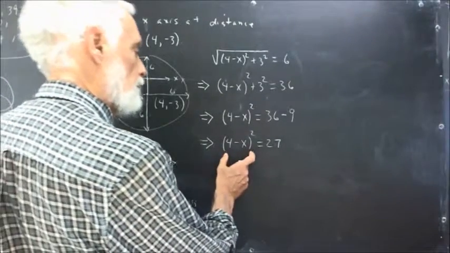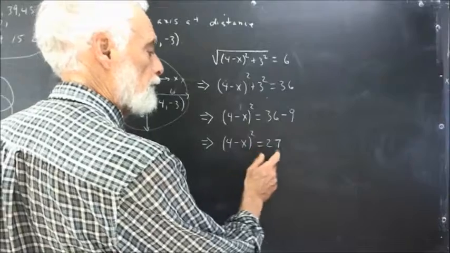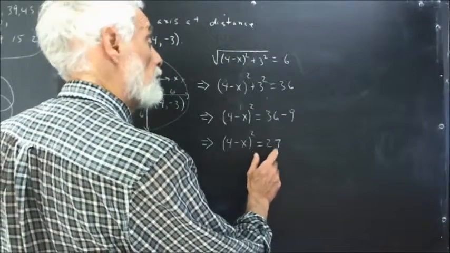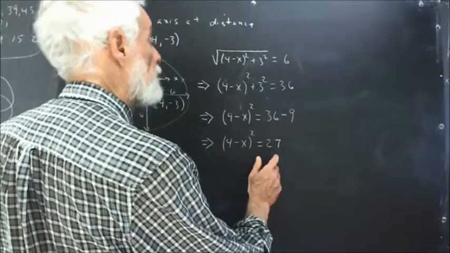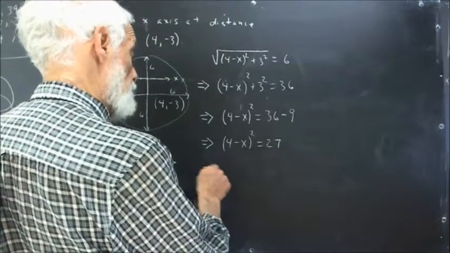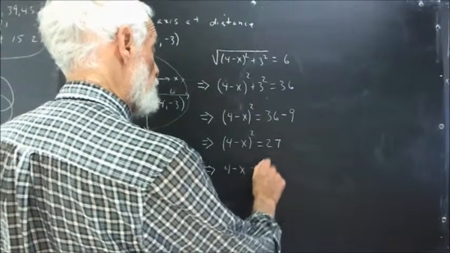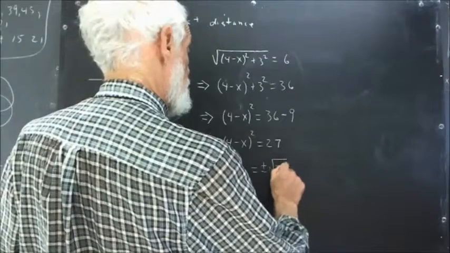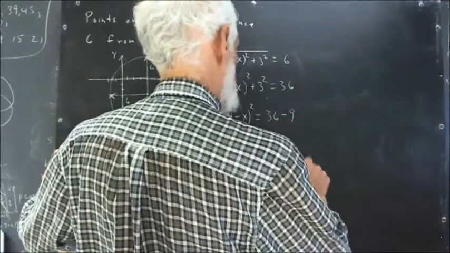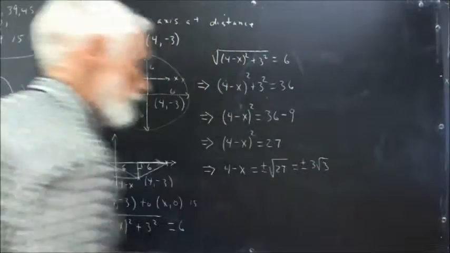Because remember, if the square of a quantity is equal to something else, then that quantity is going to be either the square root of that something else or the negative square root of that something else. So this gives us 4 minus x equals plus or minus the square root of 27, which equals plus or minus 3 times the square root of 3.